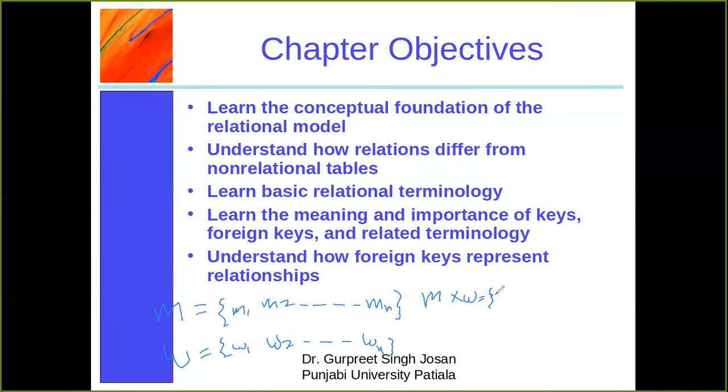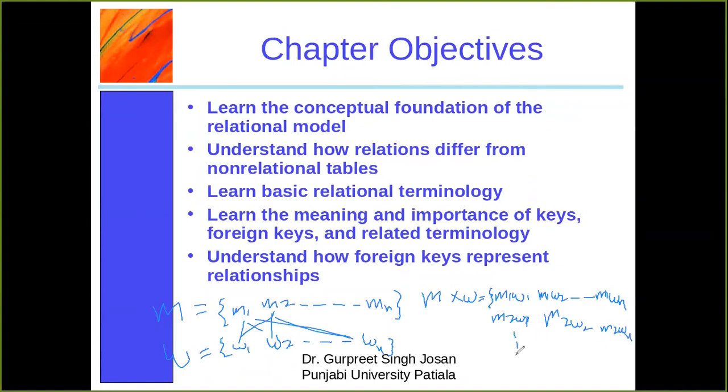This means M1 will be multiplied by W1, M1 will be multiplied by W2 and so on, M1 will be multiplied by Wn. Then M2 with W1, M2 with W2 up to Wn.